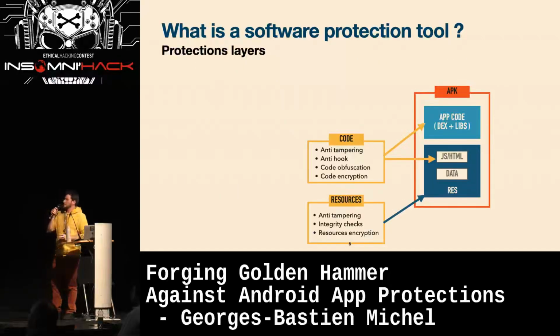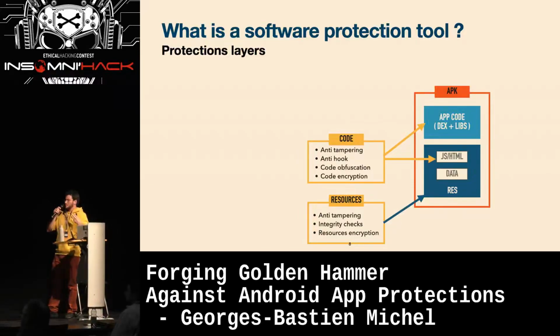Okay. So what is a software protection tool? Such a tool contains at least 3 layers of protection. The first targets only the resources from the APK. That means some YAML and properties files, or JS or HTML if your application uses PhoneGap or such kind of framework.